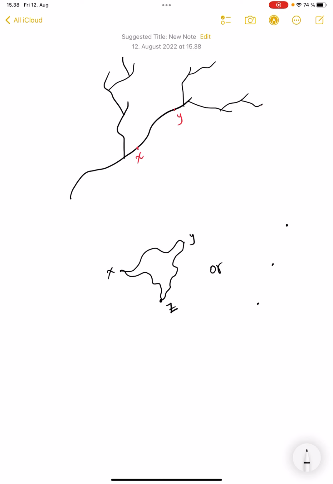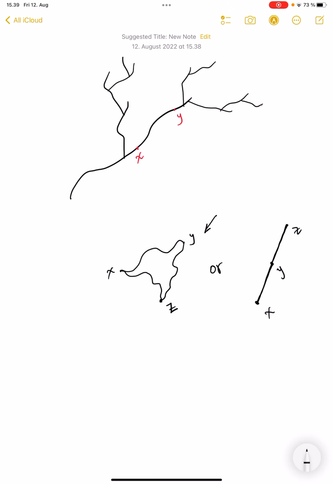They are not always technically triangles, they could be collapsed. So you could have this situation. So the shortest curve from X to Y is this, the shortest curve from Y to Z is this, and the shortest curve from X to Z happens to be contained in just the union of the previous ones.